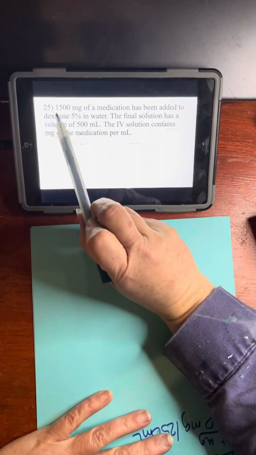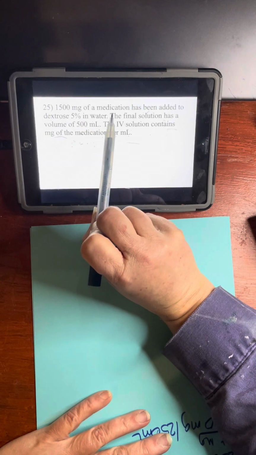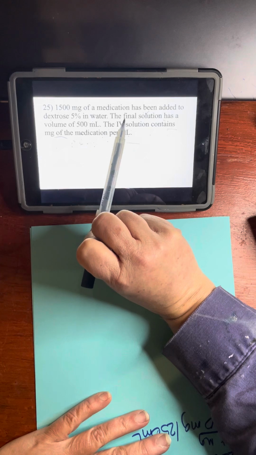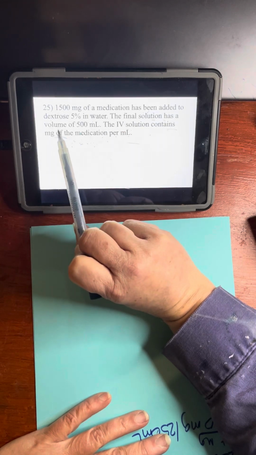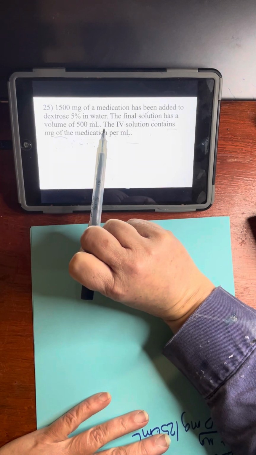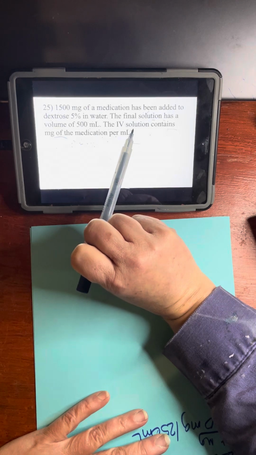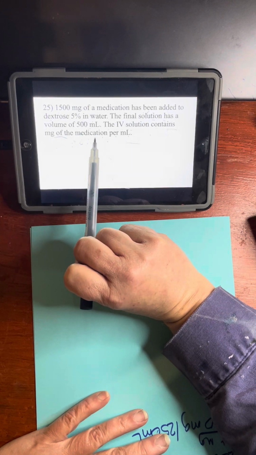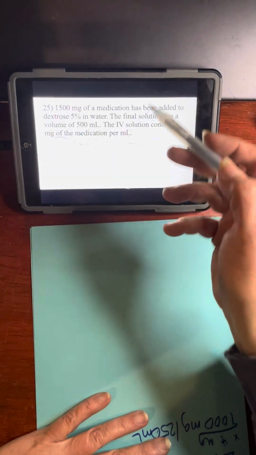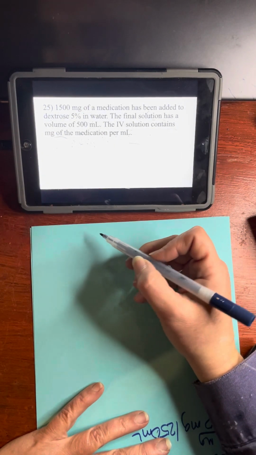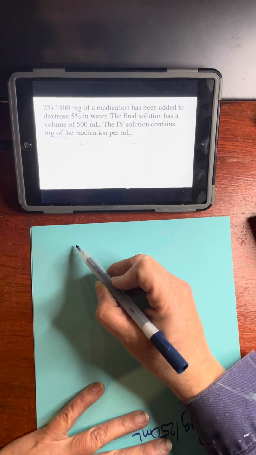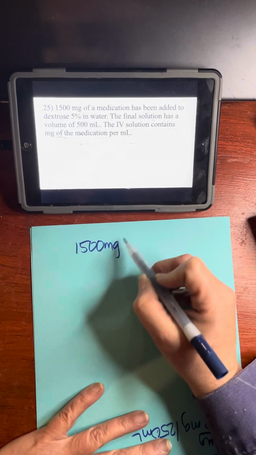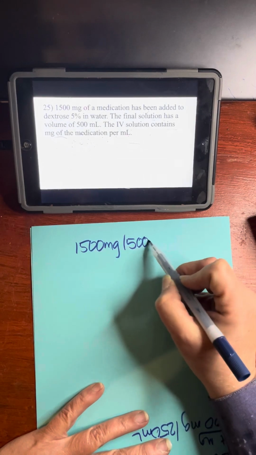Anyway, okay, so 1,500 milligrams of a medication have been added to dextrose 5% in water. The final solution has a volume of 500 milliliters. How many milligrams of the medicine per milliliter does the solution contain? So you have 1,500 milligrams per 500 milliliters.